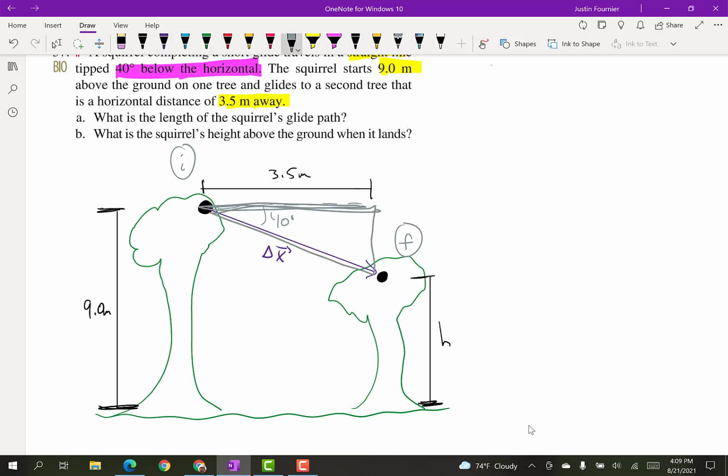Hopefully you can see my triangle. I'm purposefully dropping down here. This is a 90-degree angle, and this is 40 degrees right here. So I could use trigonometry and this triangle that I've made to find the displacement.